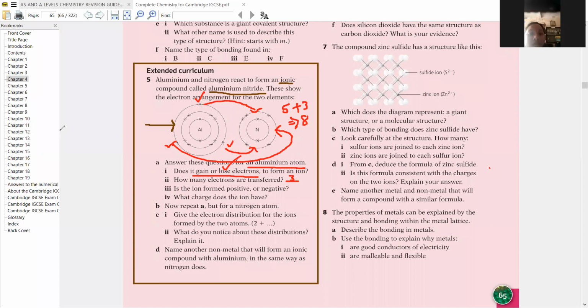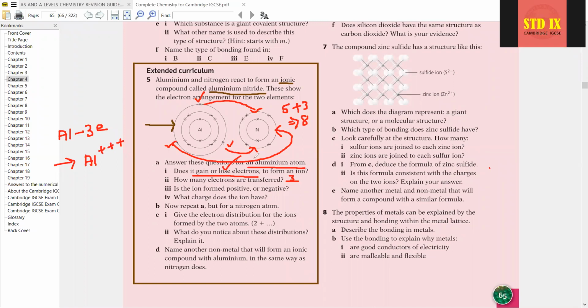So basically aluminium will lose 3 electrons and after losing them it will form an ion. Can you tell me the charge of the ion, plus or minus? Plus. How many pluses? Three, because it lost 3 electrons.